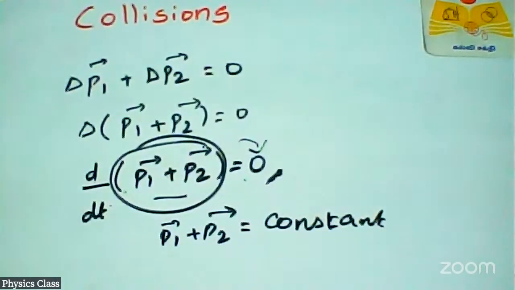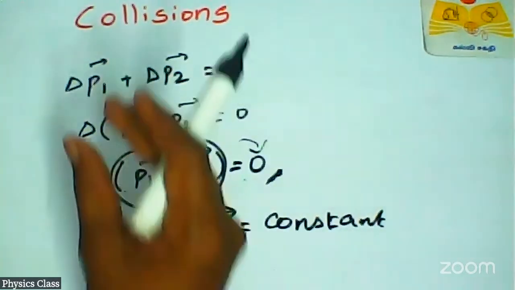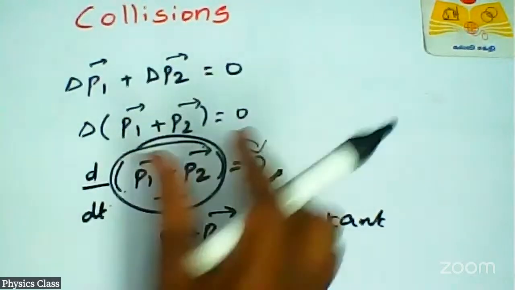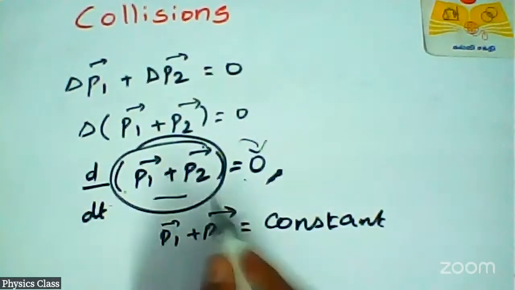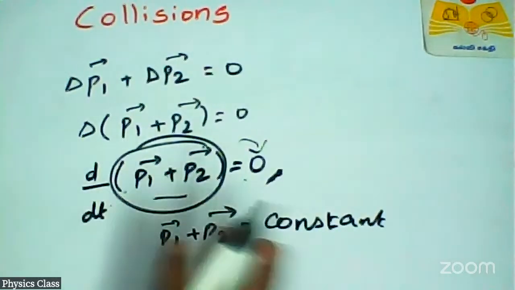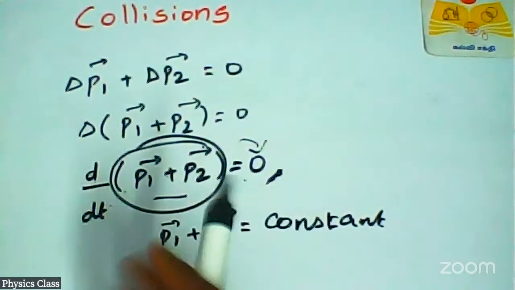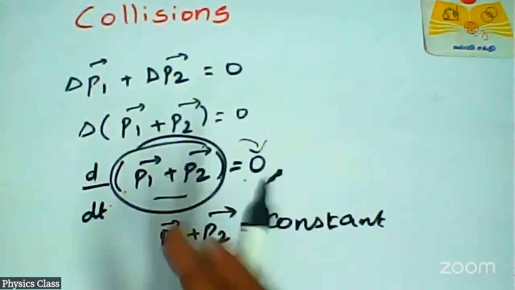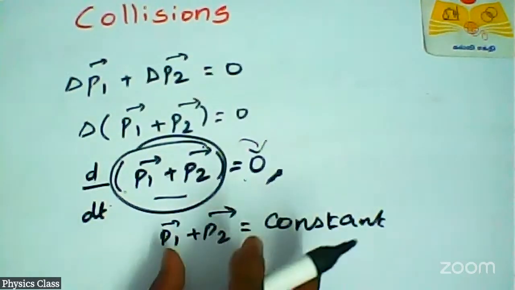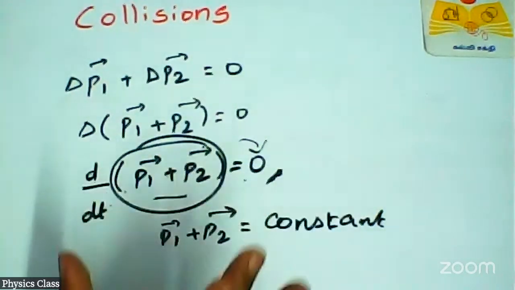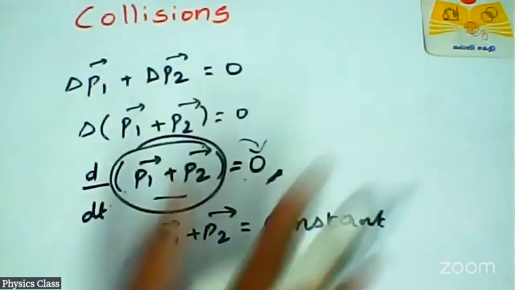We are not going into any particular type of collision. We are just dealing with force, time, and del P. So we got P1 plus P2 constant. That means total momentum is conserved, independent of collision types. We have different types of collision, inelastic collision, elastic collision, but here is a universal truth: linear momentum is conserved in all of them.